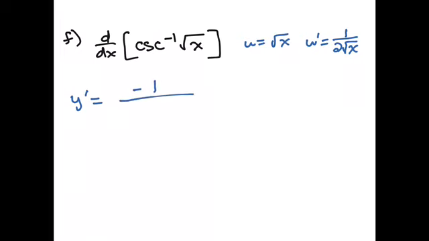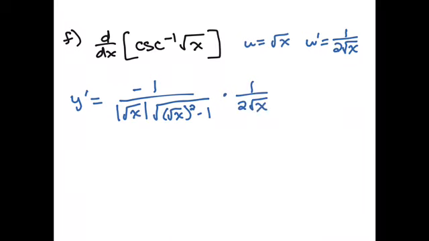And using the formula for cosecant, I get negative 1 over the absolute value of u times the square root of u squared minus 1 times u prime.